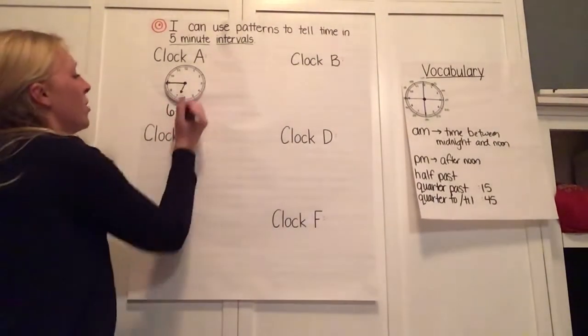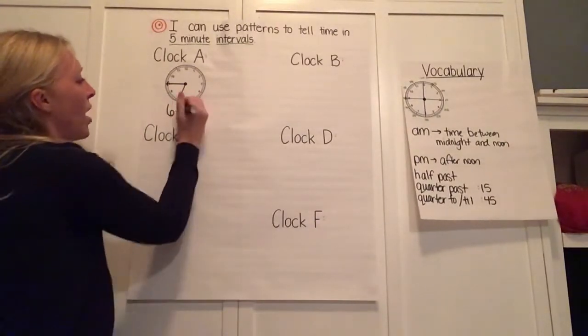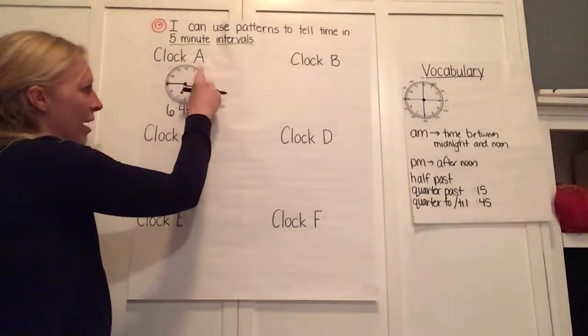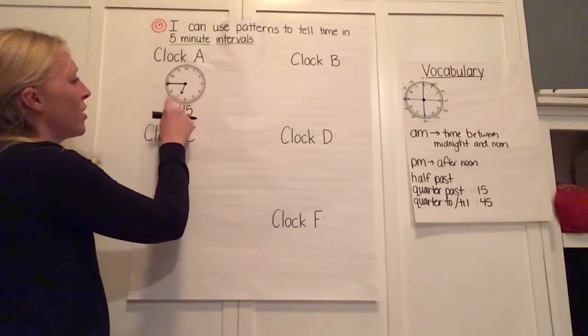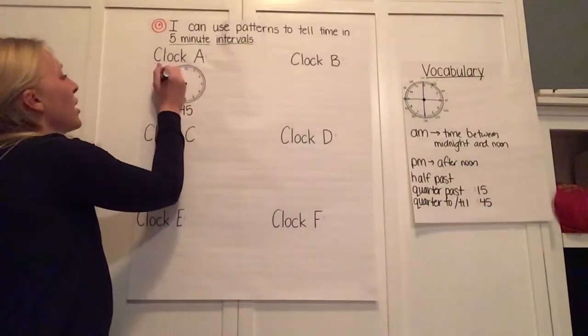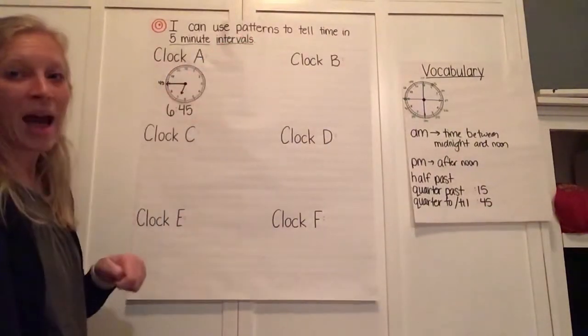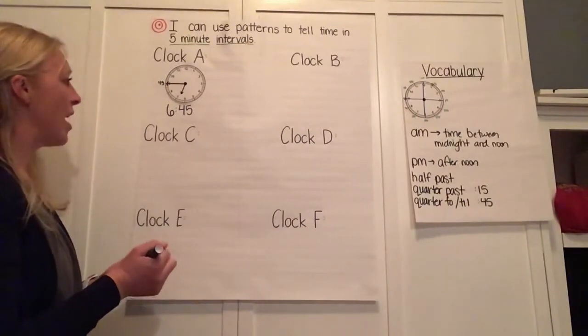Agree? Okay, what about our minute? Why do you say 45? 5, 10, 15, 20, 25, 30, 35, 40, 45. When we count by 5s, or we use that pattern, we have 6:45.